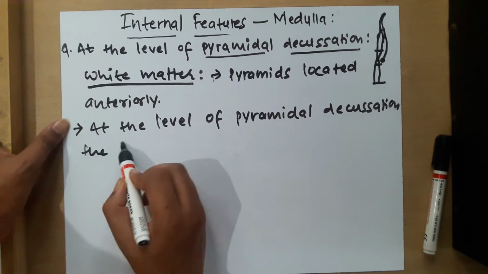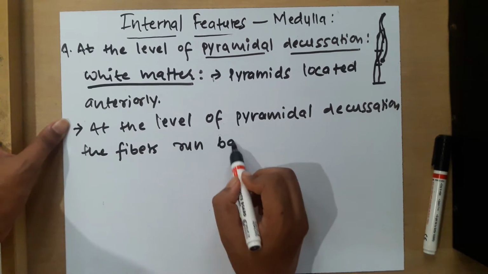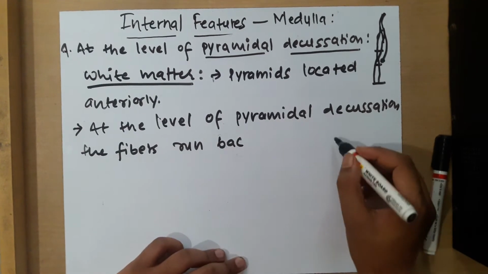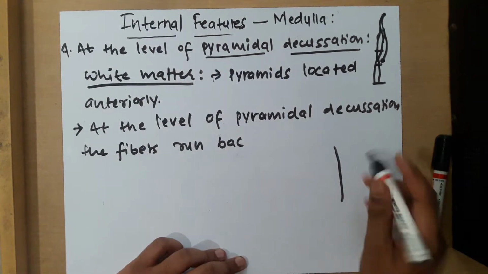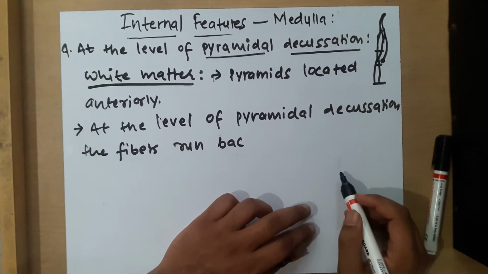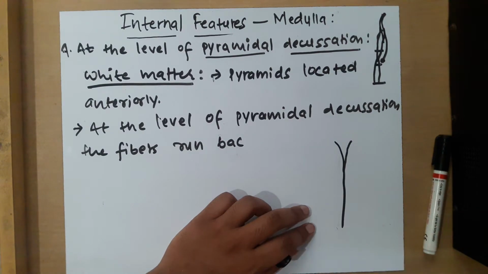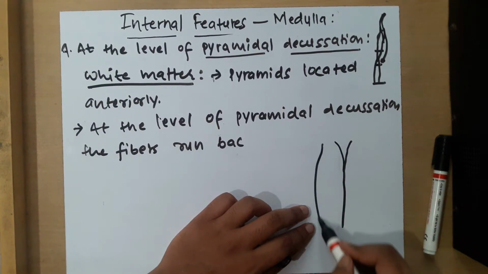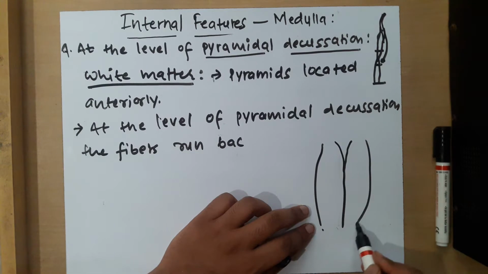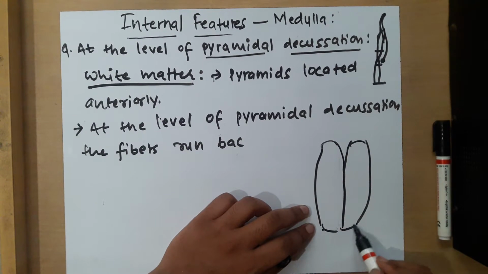the fibers run backwards. Why backwards? Because they were coming from the pons. When we discussed the ventral surface of the medulla, we mentioned something like this. This was the anterior median fissure, and then we had the anterolateral sulcus, and this part we labeled as the pyramids.